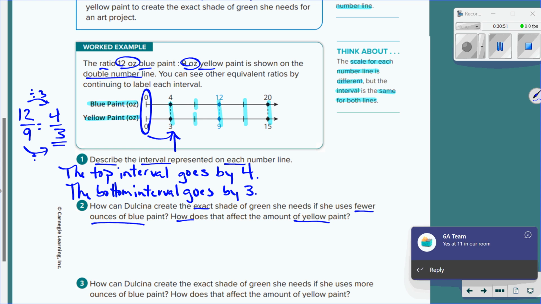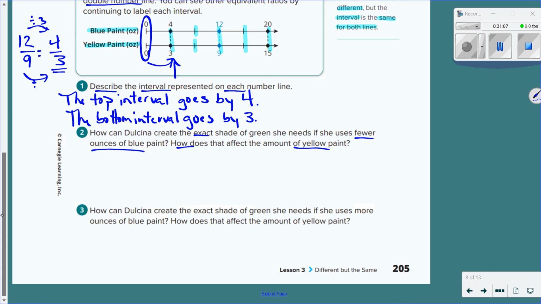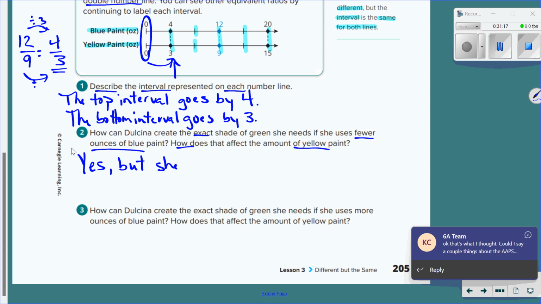Will I use the same amount? If I need less than 12 for blue, will I still use 9 yellow? No. What will I use? Less than 9. Good job, Riker. So yes, she can use less blue, but then she will also use less yellow.